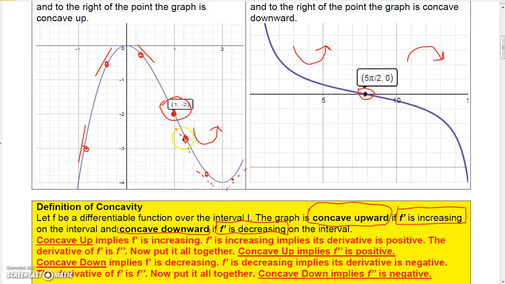So as you move left to right on this piece of the graph, the slopes of the tangent lines are increasing, so that means that the first derivative would be increasing, and if the first derivative is increasing, then the second derivative must be positive.